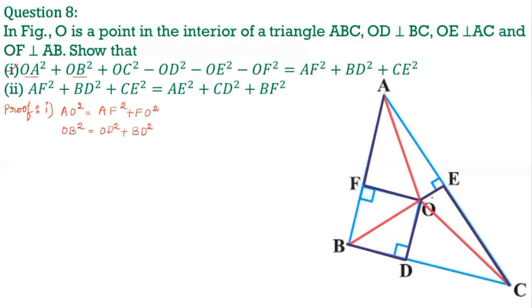In the same way, apply Pythagoras theorem to triangle OEC. In triangle OEC, angle OEC is 90 degrees. So OC square is equal to OE square plus EC square.